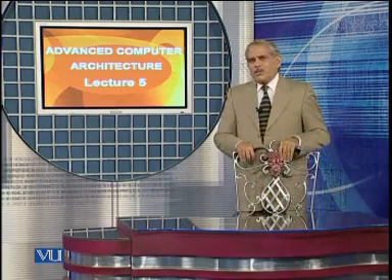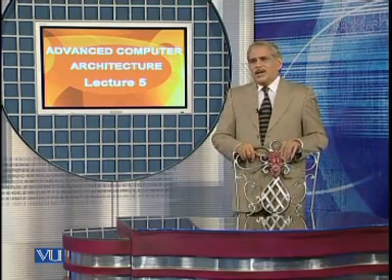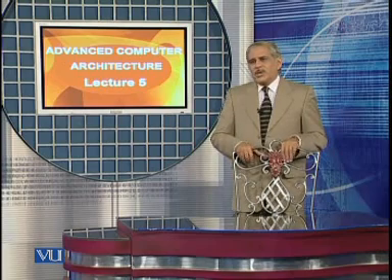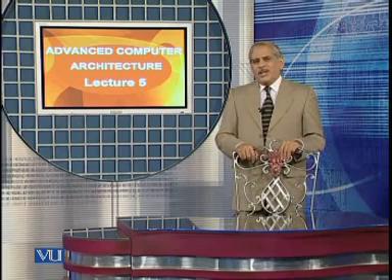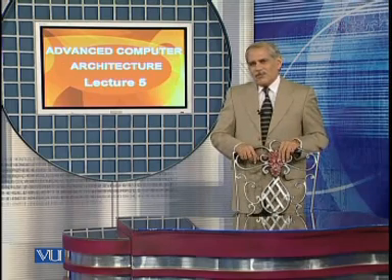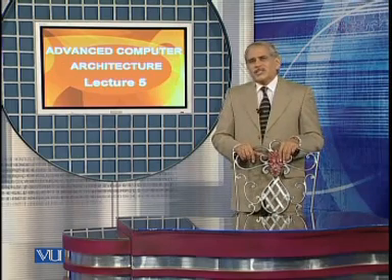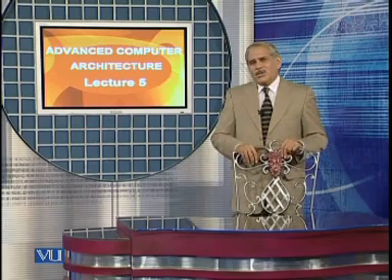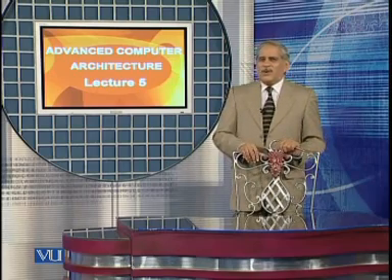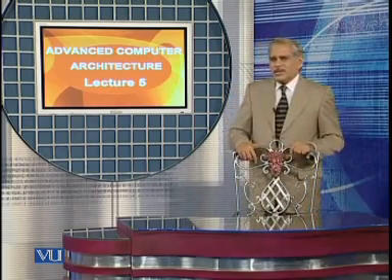Then we talked about the instruction word length and instruction taxonomy, like 0 address, 1 address, 2 address, 3 address, and 4 address formats. And then I gave you the comparison of the instruction word formats in different cases.